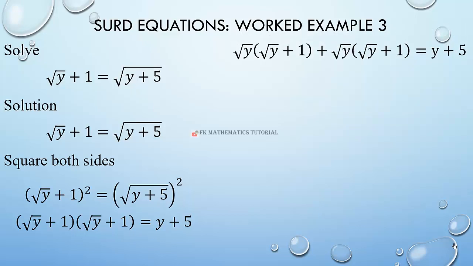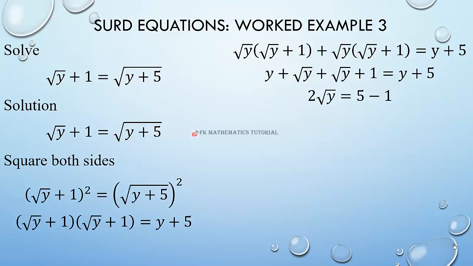So we expand using the distributive property. Then we use the distributive property again. Notice that square root of y times square root of y is y. And square root of y times 1 is square root of y. And 1 times 1 is 1.